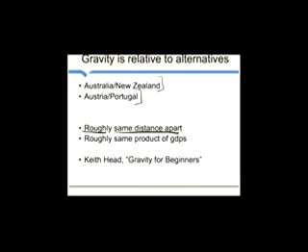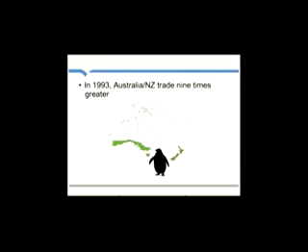Furthermore, if you're taking the product of the size of the economies or the GDPs, again, in this comparison you will get something pretty close to equality. And yet there's quite a striking truth here. In 1993, Australia-New Zealand trade is about 9 times greater than the trade between Portugal and Austria.